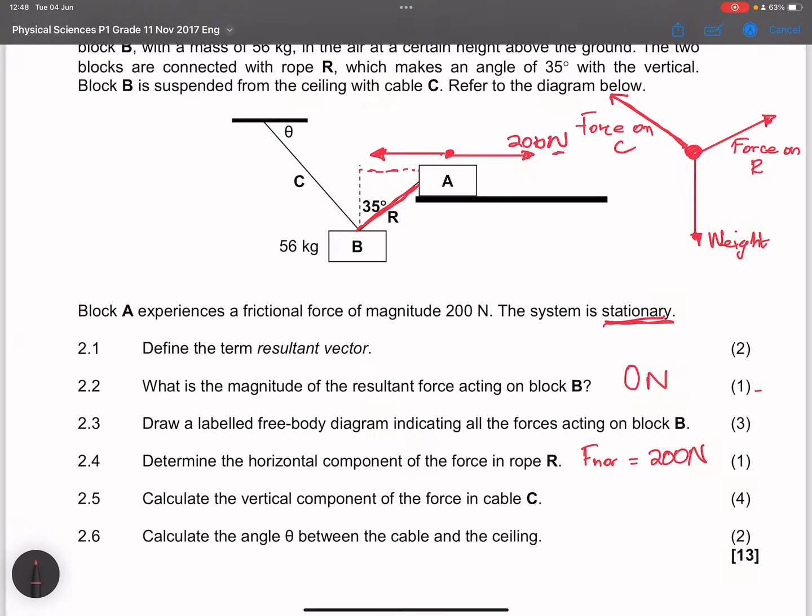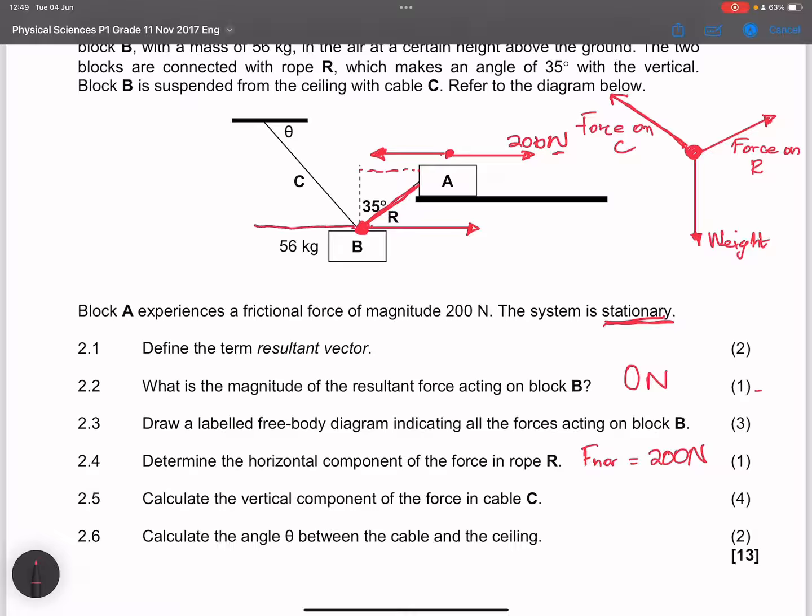They say calculate the vertical component of the force in cable C. Let's go to this diagram now. I already know that I've got a horizontal component of the force on R being 200 newtons.